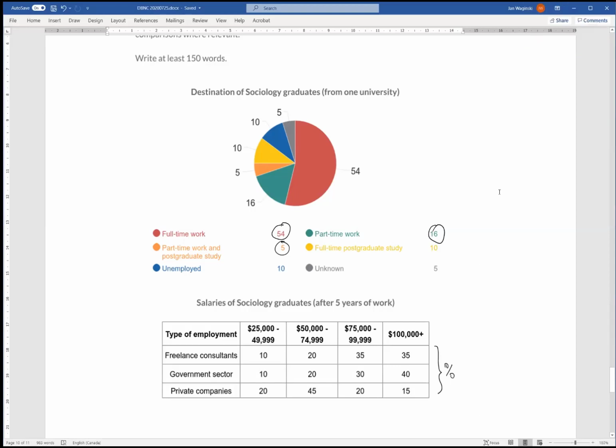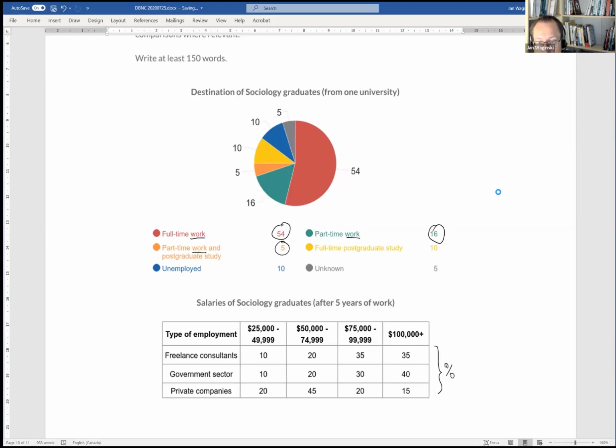Why are you not adding the yellow one, full-time? Because he's studying full-time possible. Oh. I'm just pointing out that this one is working. This group is working part-time. This group is also working part-time. There's only one group of full-time students, because these are graduates, right?